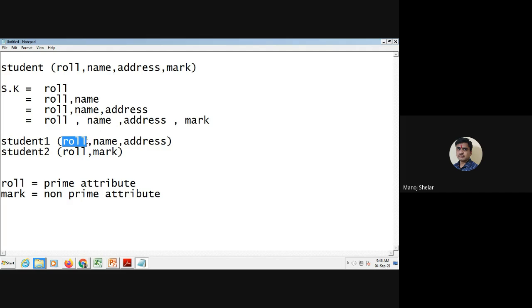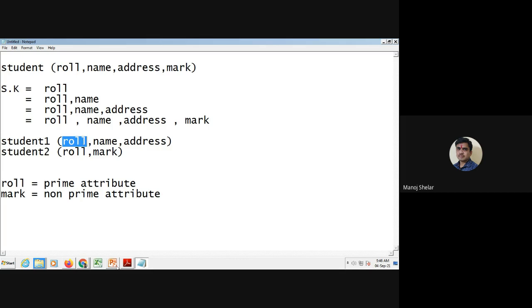There is no partial dependency here, because mark is directly and fully dependent on the key. So this particular decomposition is in second normal form, a concept in normalization.